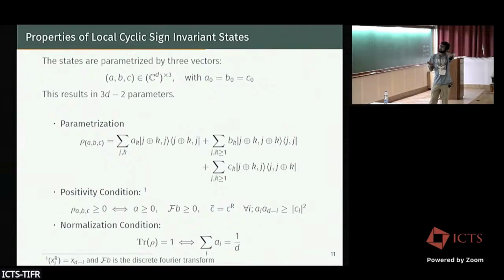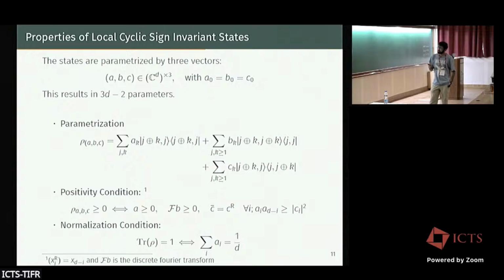This is the explicit parameterization, which looks complicated, but I just want to point out that important criteria like positivity of the density matrix can be seen as simple conditions on these vectors. A is non-negative, the discrete Fourier transform of B is non-negative, and there's a simple entry-wise non-negative condition on A and C.